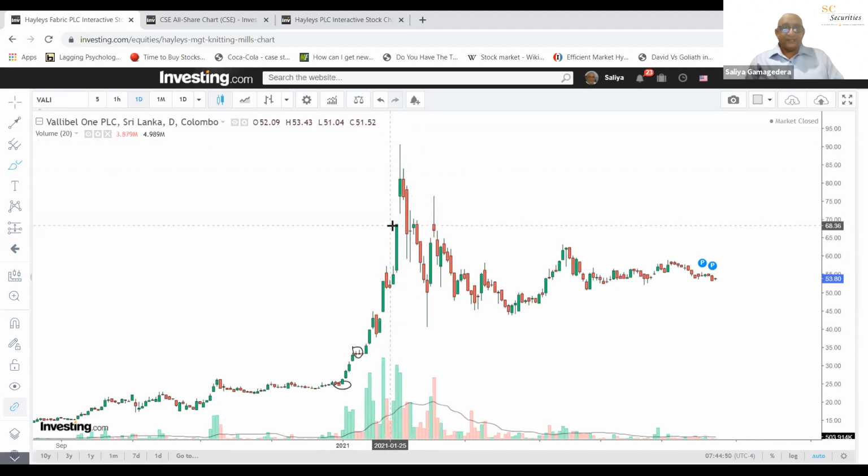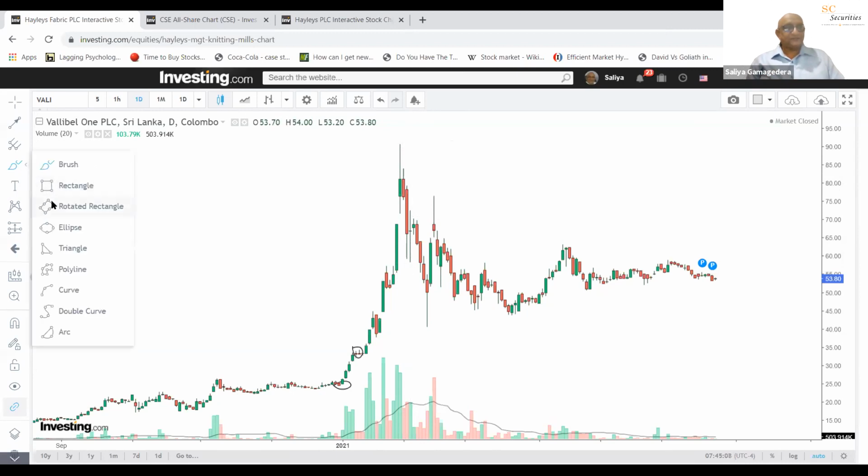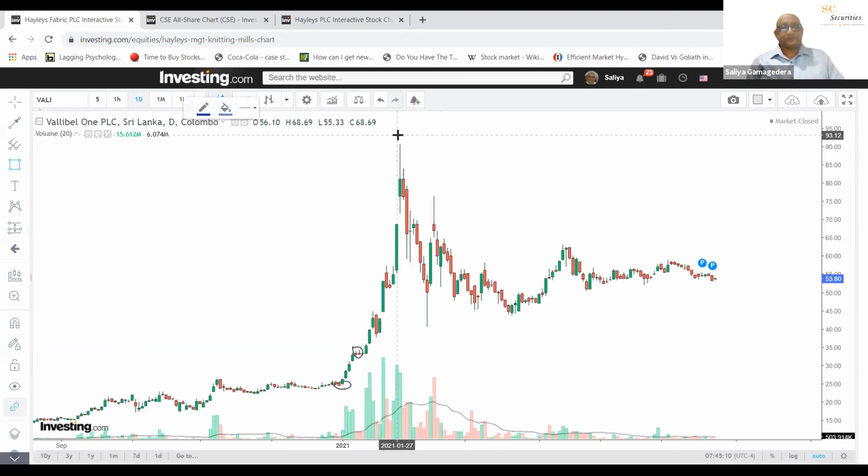So you have a high, a higher high, and a lower high, forming a swing high formation. A high, higher high, lower high, making a swing high, right? So let's just highlight that for the time being over here.